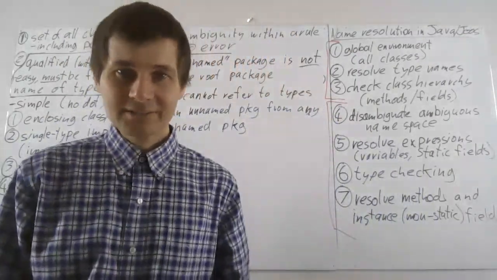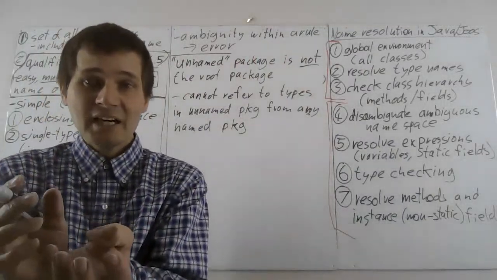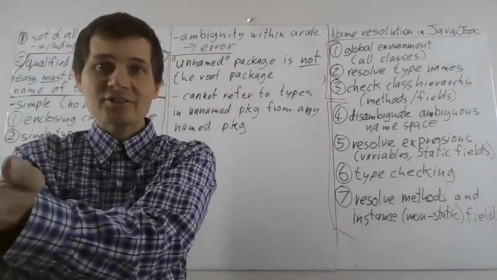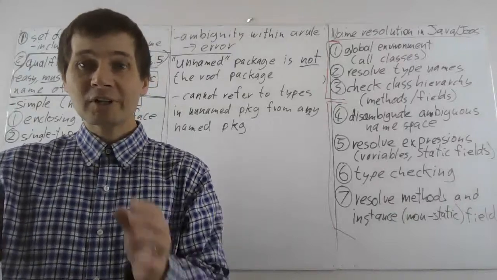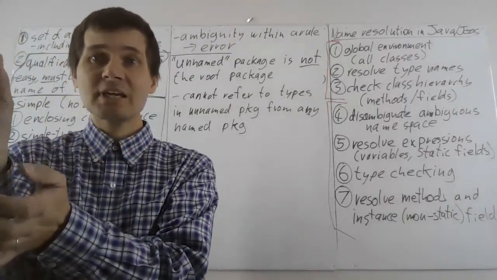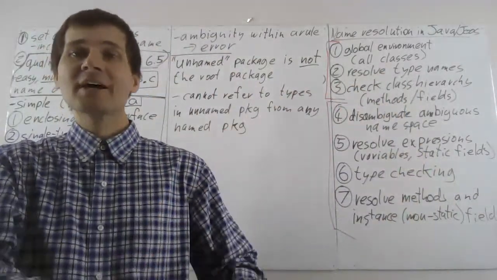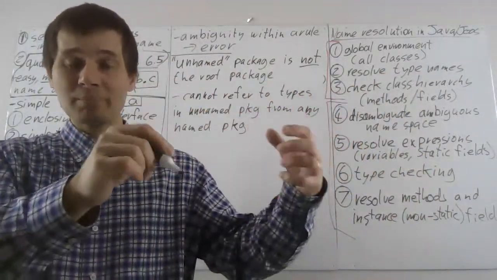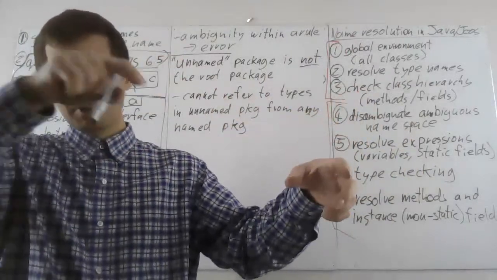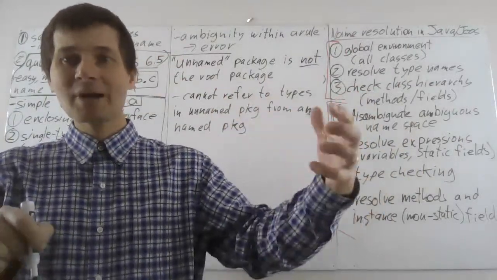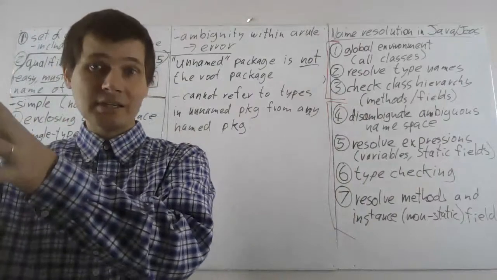Well, let's say I create a class C and it's not in any package. So, what is its full name? Well, its full name is just C, right? If I was to put it in a named package, then its full name would be the package name, with possibly some dots in it or subpackages, .c.